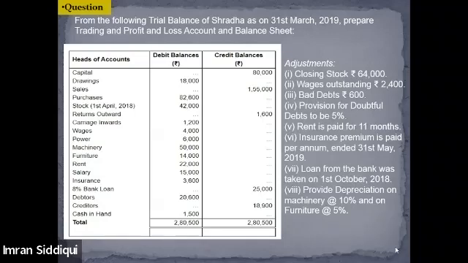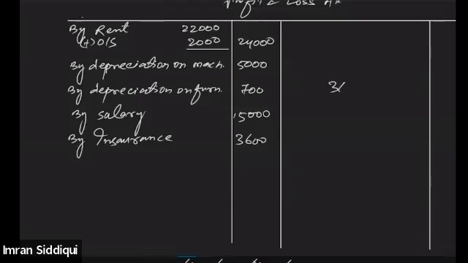That means we must have paid some insurance on an advance basis. The total insurance expense is 3,600, right? And this is in respect of 12 months.